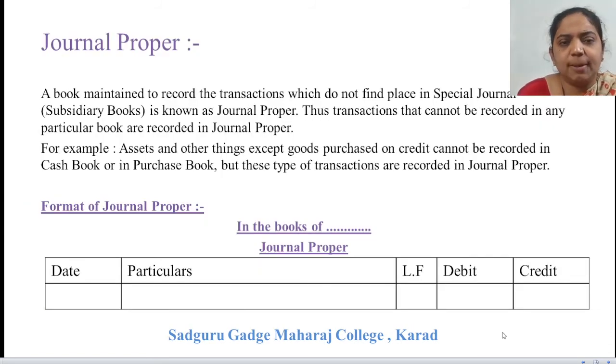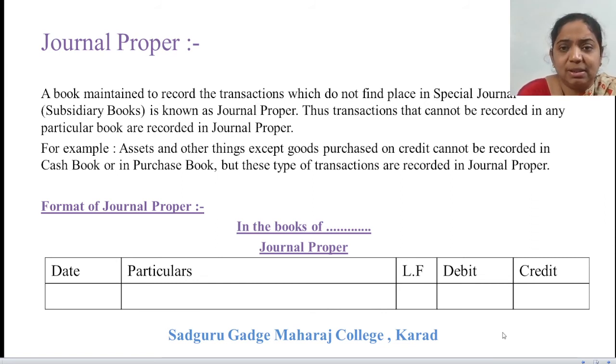Now, what is journal proper? It is a book which is maintained to record the transactions which do not find place in a special journal, that is, the subsidiary books. This is known as journal proper.